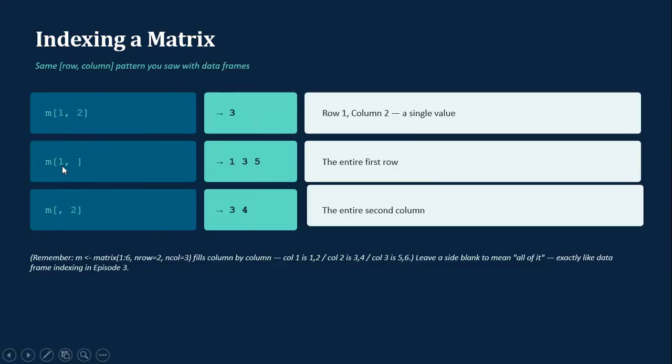M box bracket 1 comma, close box bracket gives you the entire first row: 1 comma 3 comma 5. M box bracket, space, comma 2, close box bracket gives you the entire second column: 3 comma 4. Leave a side blank to mean give me all of it. Exactly the same rule as before.